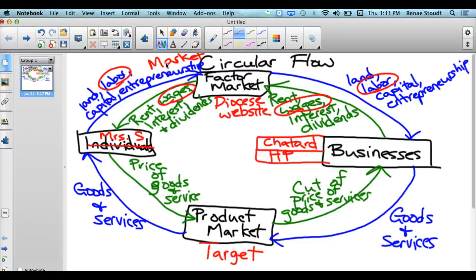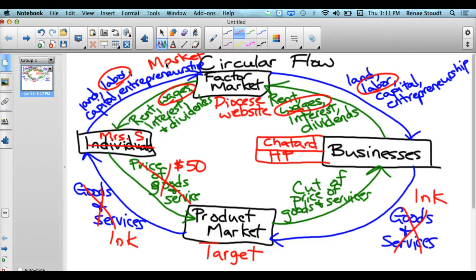So HP is going to make, and I'm going to cross out this goods and services, they're going to make ink. They are going to sell their ink to Target. Target is then going to sell the ink to me. I am going to pay for the ink. It cost me a whopping $50. I know you're like, what kind of ink are you buying?